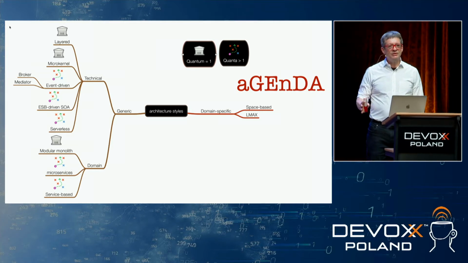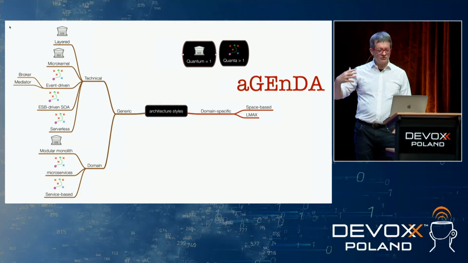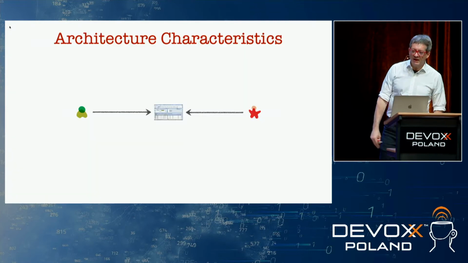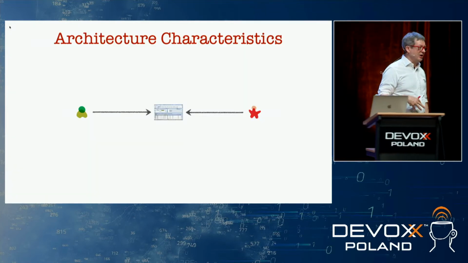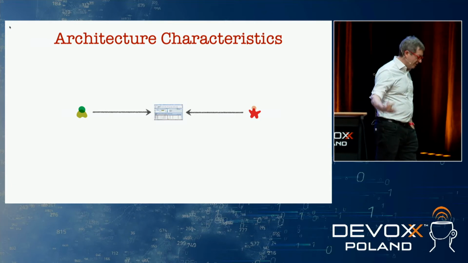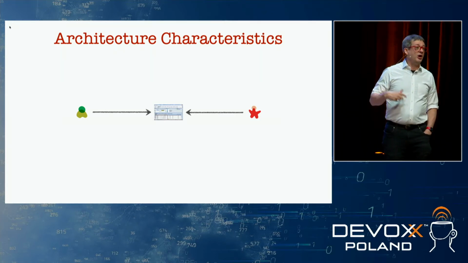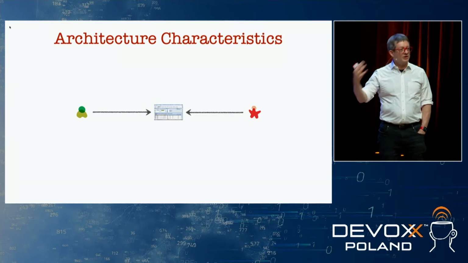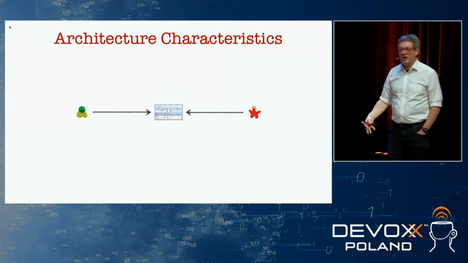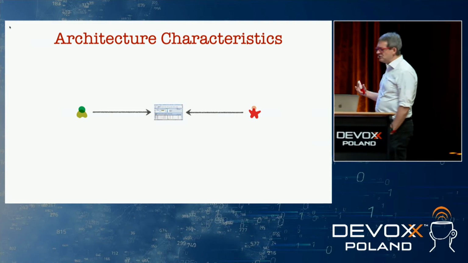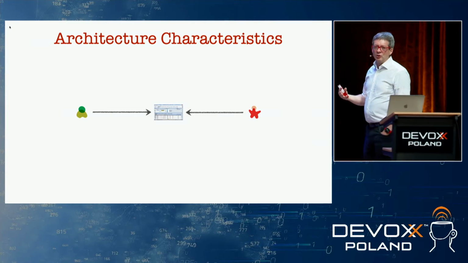One of the big things that differentiate these architecture styles, besides just the obvious structural differences, is how they react to what we called in our book, in the entire first part of our book, architecture characteristics. These are also called non-functional requirements or system quality attributes or cross-cutting requirements. These are all those things that are not your problem domain.